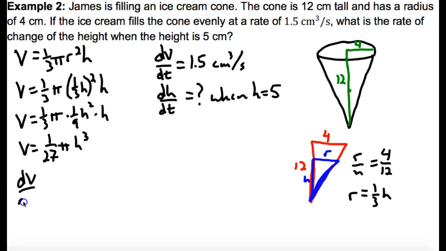So dV/dt: if I bring this 3 down, 3 times 1/27, or 3/27, is the same as 1/9. So 1/9 pi h squared times dh/dt. What I want to find is dh/dt. I know dV/dt is 1.5.